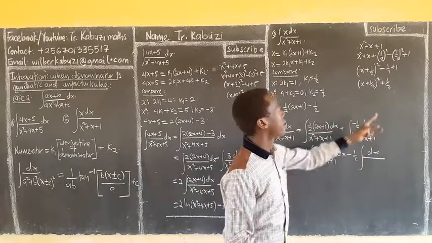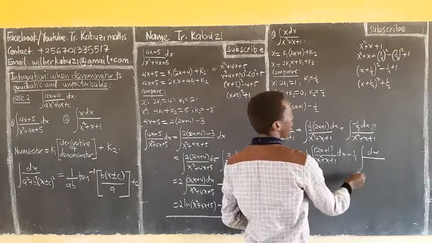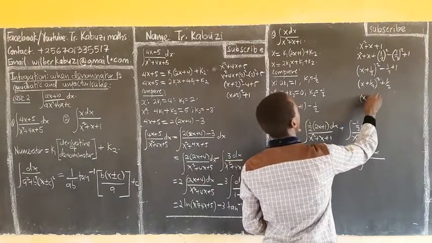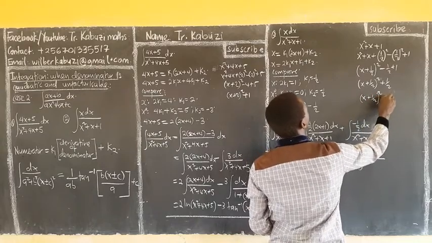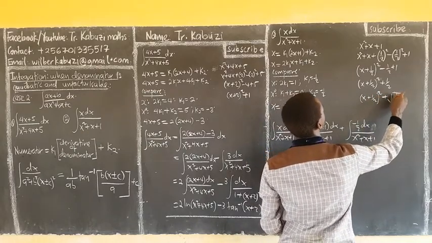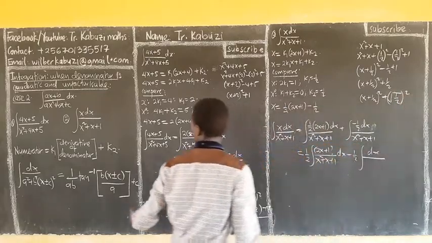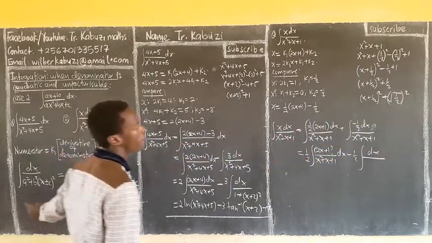So now, if I write this a half here, it will be the same as x plus a half squared, then plus square root of 1 over 2, the whole square, so that I can express it in this form.